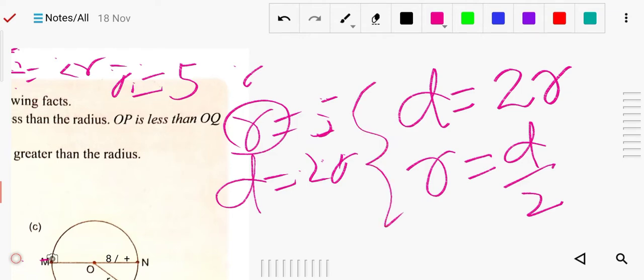Okay, so that's the relation. Diameter is 2 times the radius, and radius is half of the diameter. So like if the radius is 2 centimeters, the diameter will be 4 centimeters. If the diameter is 10 centimeters, the radius will be 5 centimeters, half of the diameter.